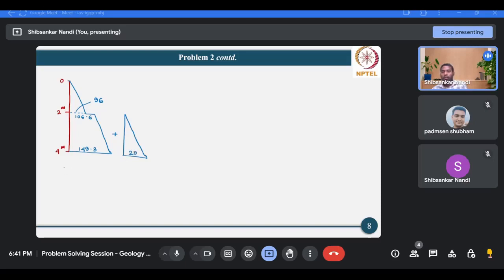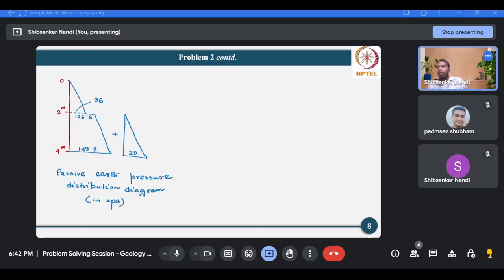Okay, so this is the passive earth pressure distribution diagram.